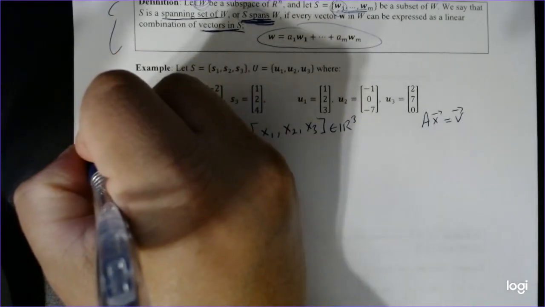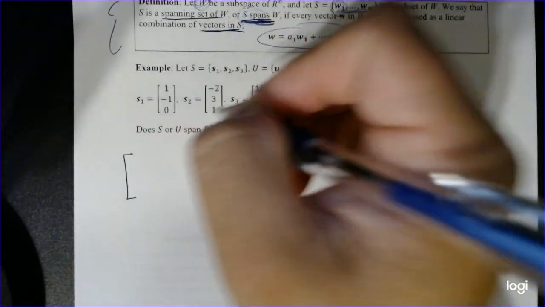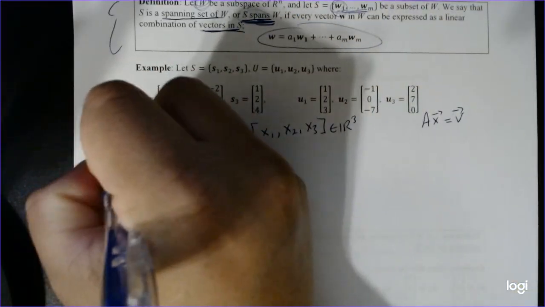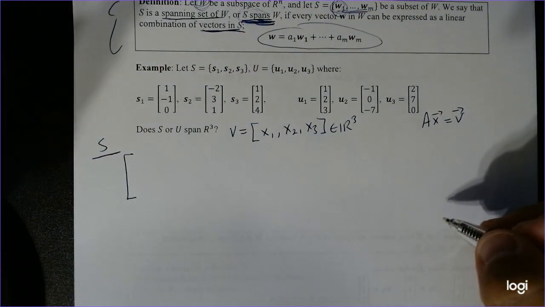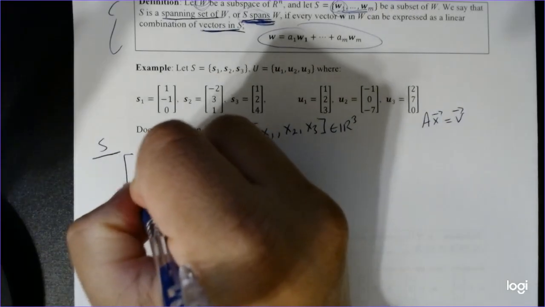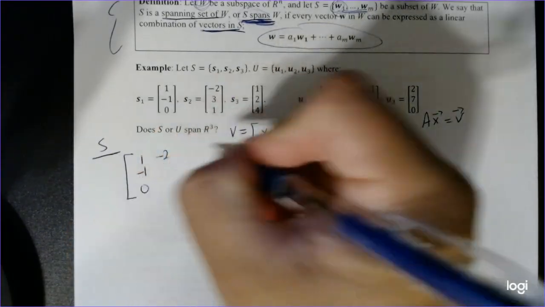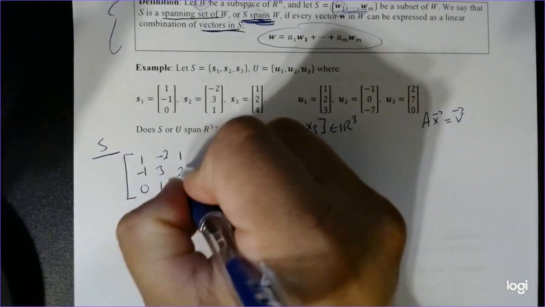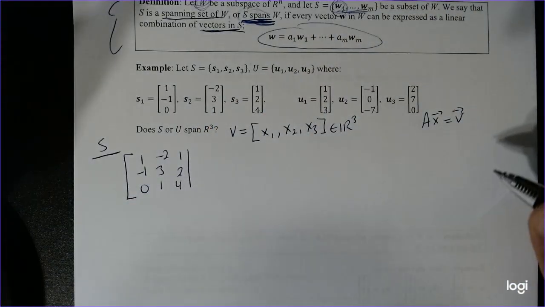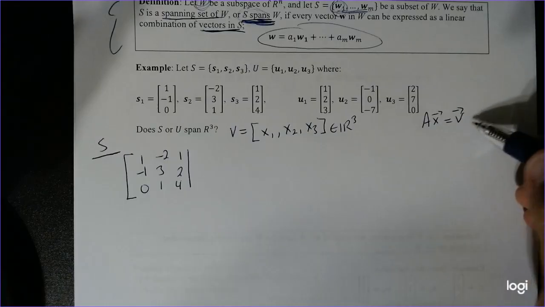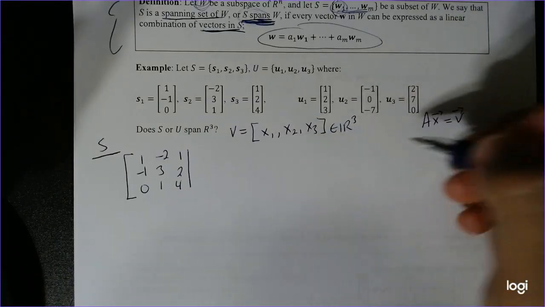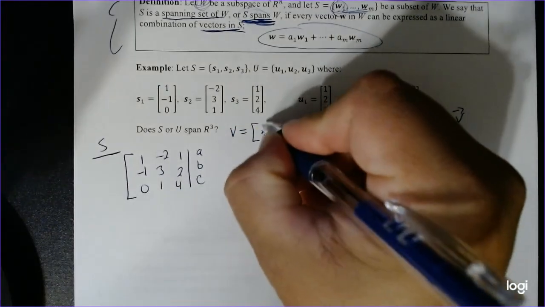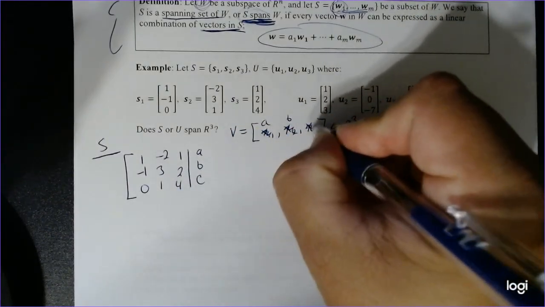So we have the vectors 1, -1, 0, then -2, 3, 1, and 1, 2, 4. And these have to equal some vector v. I let it be x1, x2, x3, but I'll just use a, b, and c for short.